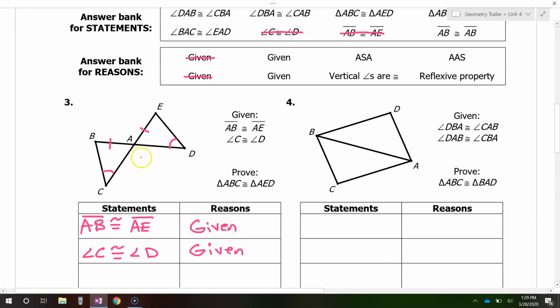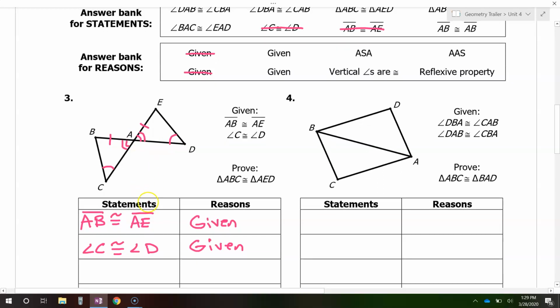I'm looking at the picture, and I'm seeing that we have vertical angles right here. So let's go ahead and mark those. All right, so that means that angle BAC is congruent to angle EAD.